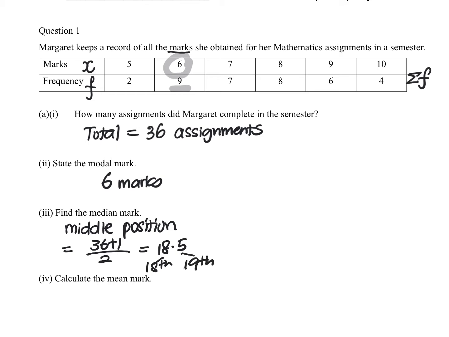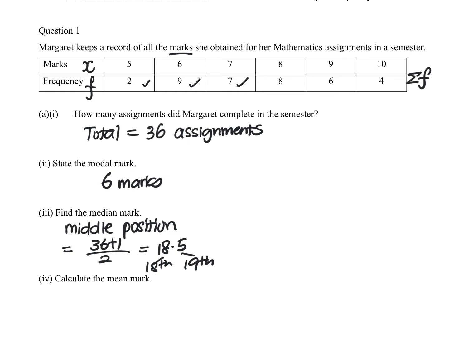But how do we work out where the 18th and 19th numbers are? Let's look at the frequencies. This is 2 assignments, this is 9 assignments. If I take 2 plus 9, that already gives 11 assignments. I want the 18th number, so I add another 7, and that gives me the 18th.